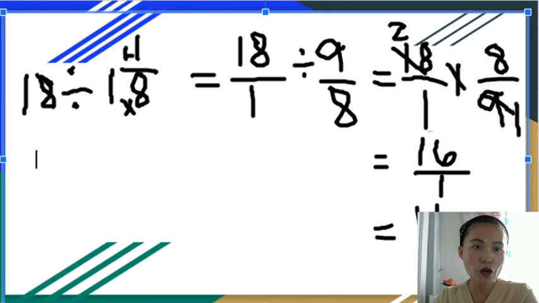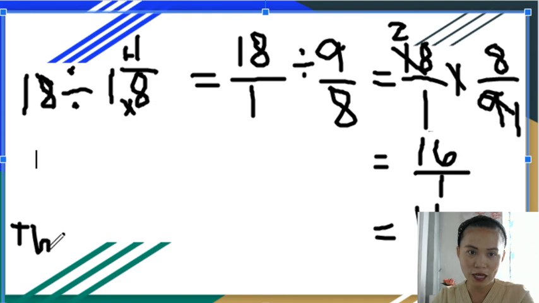So therefore, out of the 18 inches long loaf of bread, we can cut the loaf of bread into 16 pieces.